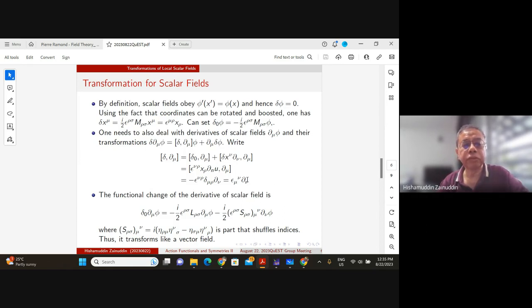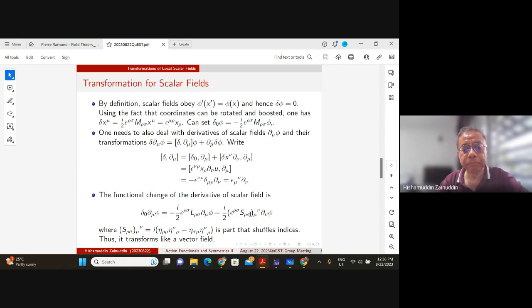So if you put all those things together, then your M mu nu, M rho sigma here, if you remember, can be written in terms of two parts: the generalized angular momentum, which is coming from the rotational part, and also the spin part. The spin part is the one that complicates things a little bit. So you have the angular part, and then you have the spin part.